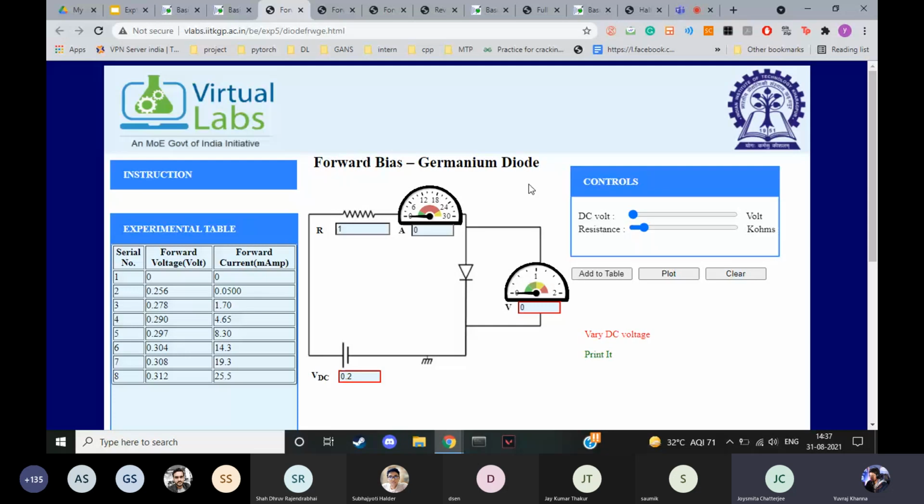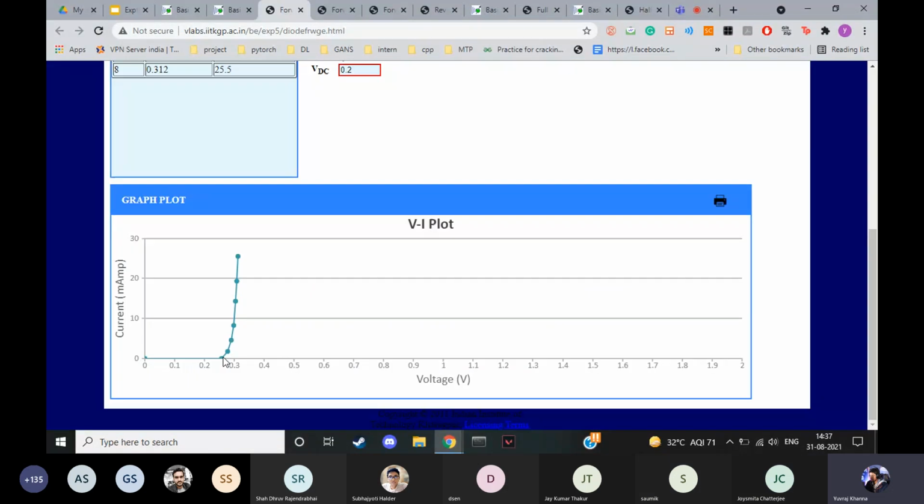So here you can see the plot. Is it coming on your screen? Yes, it's visible. As you can see, until it reaches the 0.3 threshold, the current passing is 0. So that's what you were asking. Yes, it is true.